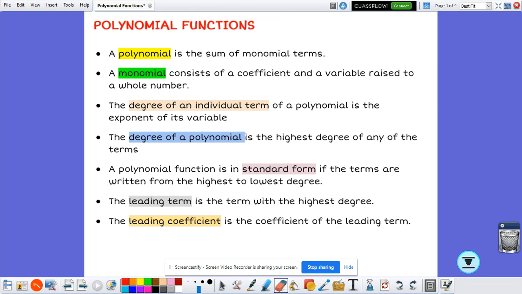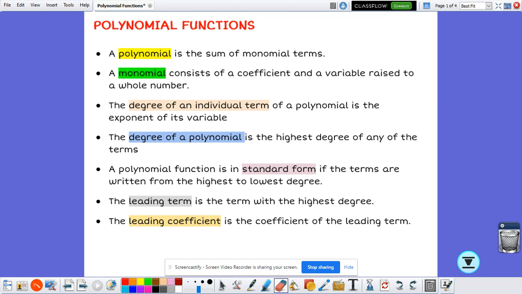The degree of an individual term of a polynomial is the exponent of the variable, while the degree of the whole polynomial is the highest degree of any of the terms. Now, when do we say that a polynomial function is in standard form?